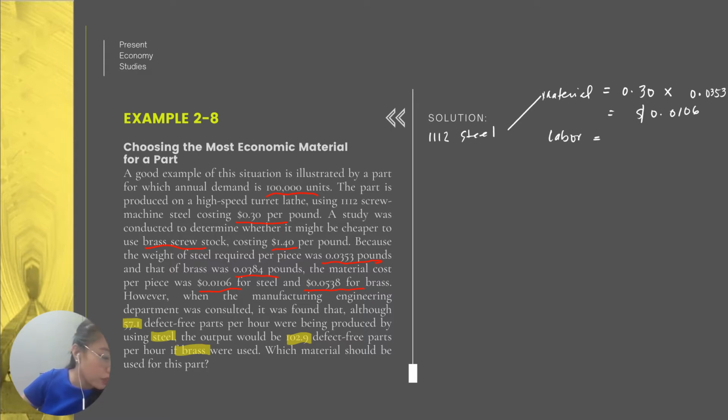For the labor, the machine attendant is placed here. This is in the given. He is paid $15 per hour. So let's include that one.